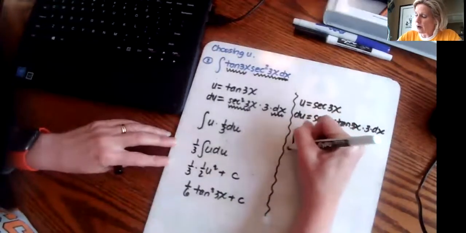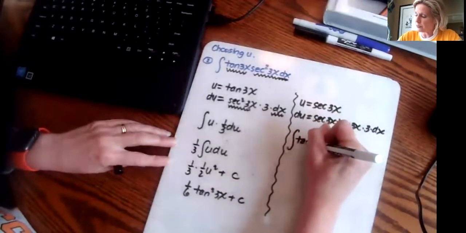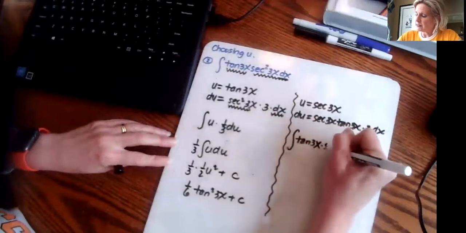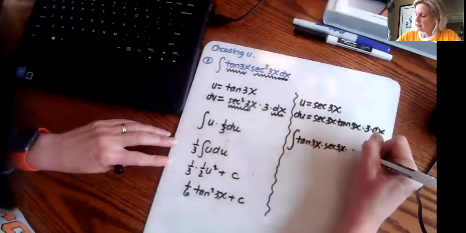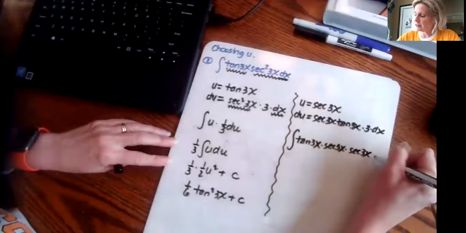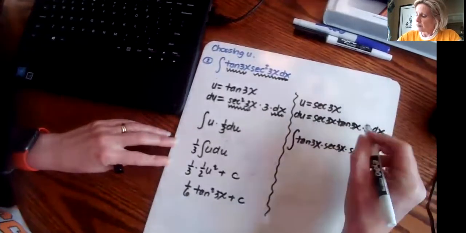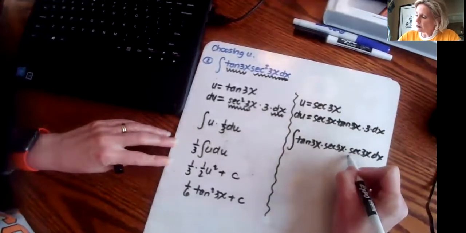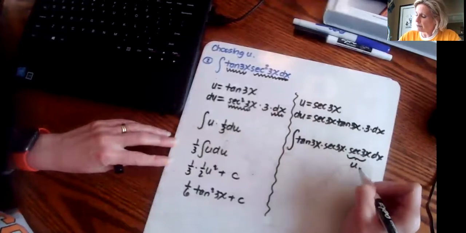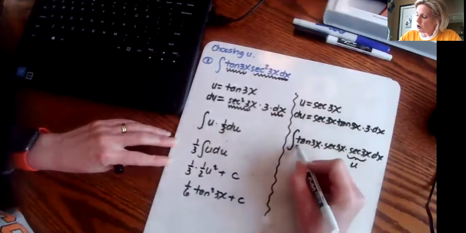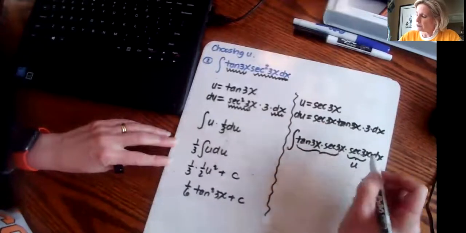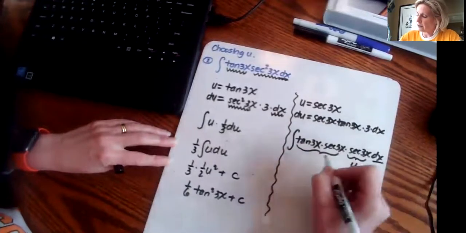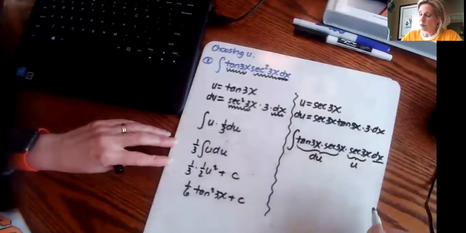Well, if you write the original problem as tangent 3x, secant 3x, secant 3x, dx, then that means this part is becoming my u, and then all of this part with that tagged on becomes my du.